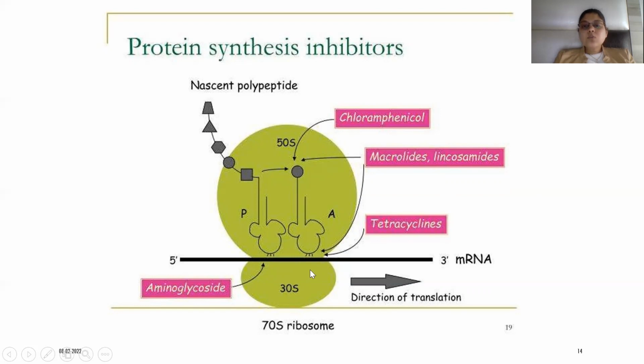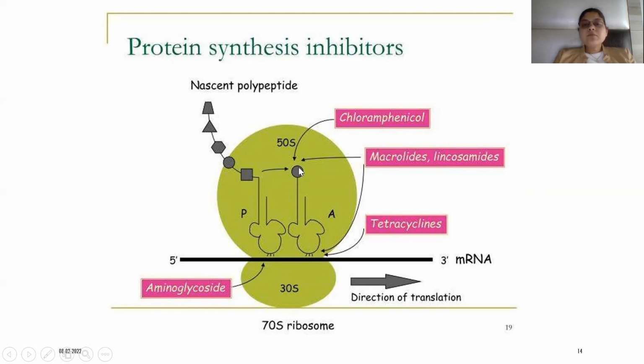The A site has the codon on the mRNA, and the anticodon of the amino acid tRNA will attach to it. Then the peptide bond will be formed between the amino acids of the P site, that is the peptidyl site, and the A site, and it will shift from the P site to the A site.